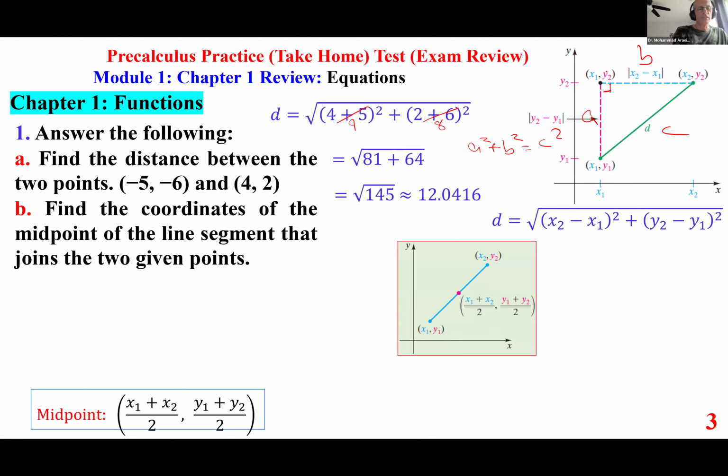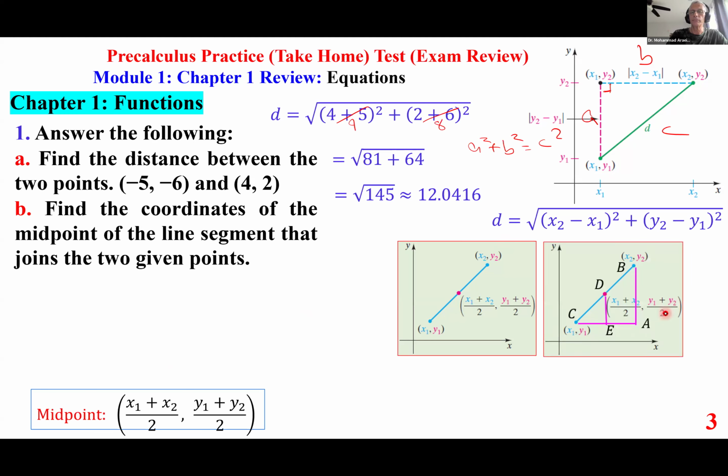All right, so we want to find the midpoint, and the formula's very simple. You add up the coordinates, divide by 2. To have an understanding of that, again, we are given the two coordinates. If you draw a line parallel to the x-axis and to the y-axis, and here's the midpoint, that means it's the middle of B and C. You drop a perpendicular, and these two are parallel.